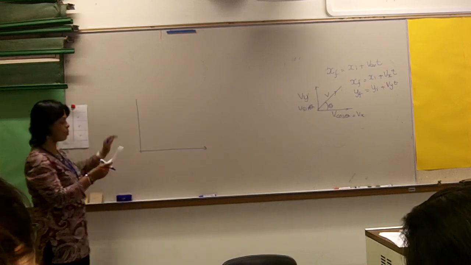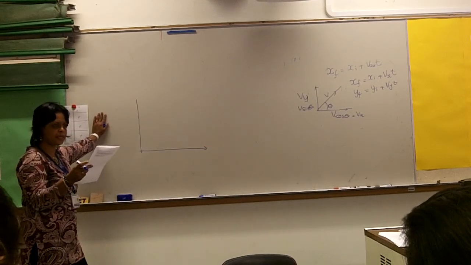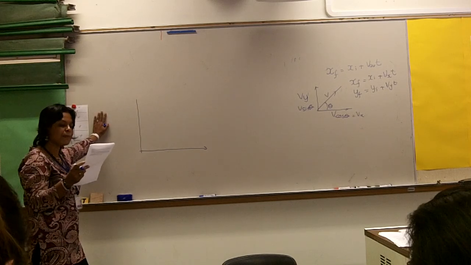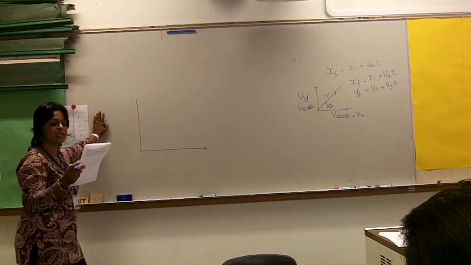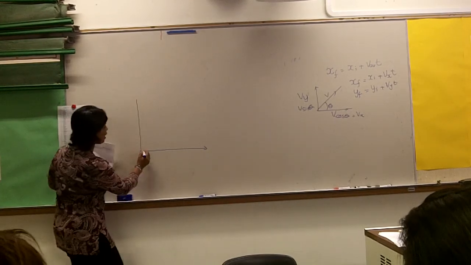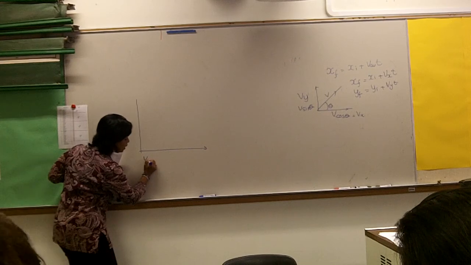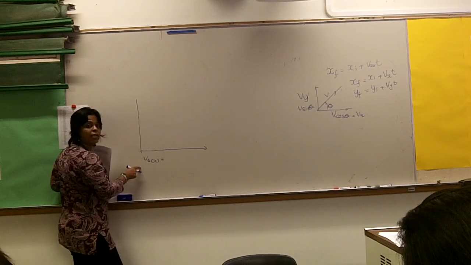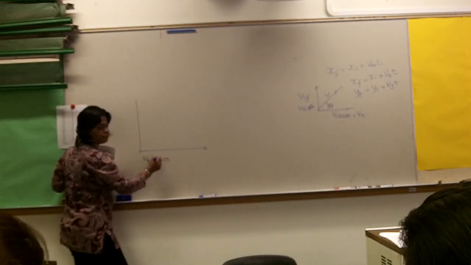I'm sorry guys, this is printed in a funny way, but the hummingbird is flying in such a way that it is initially moving only vertically. So what is your initial x speed? 0.